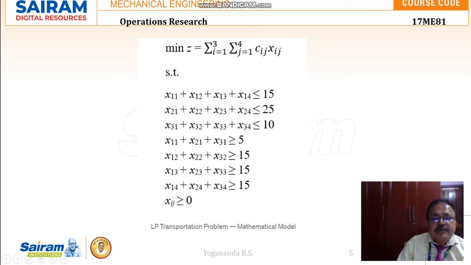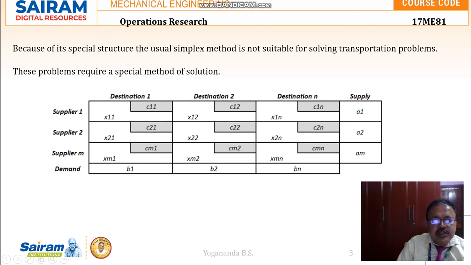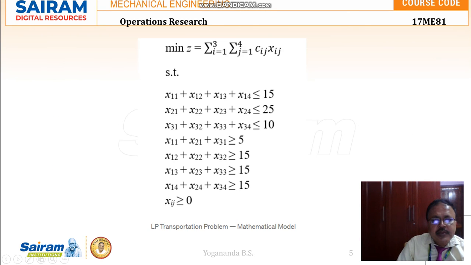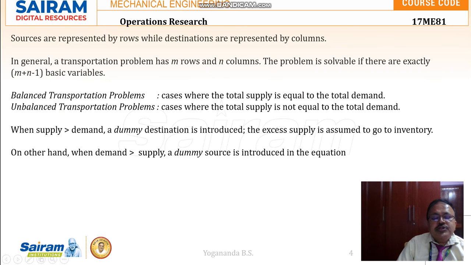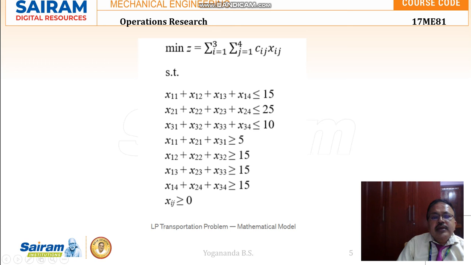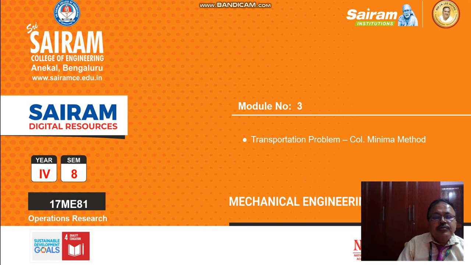If the same transportation problem structure given here is written in the form of LPP, the objective function is to minimize the total cost. It is summation i equal to 1 to 3, because we have 3 rows here, and j equal to 1 to 4.